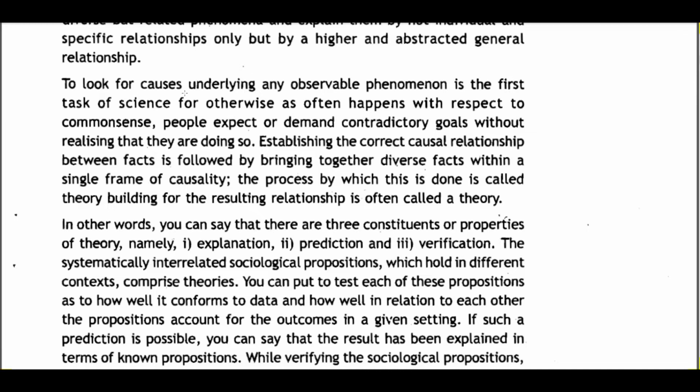To look for causes underlying any observable phenomena is the first task of science, for otherwise, as often happens with common sense, people expect or demand contradictory goals without realizing that they are doing so. Establishing the correct causal relationship between facts is followed by bringing together diverse facts within a single framework of causality. The process by which this is done is called theory building, for the resulting relationship is often called a theory.